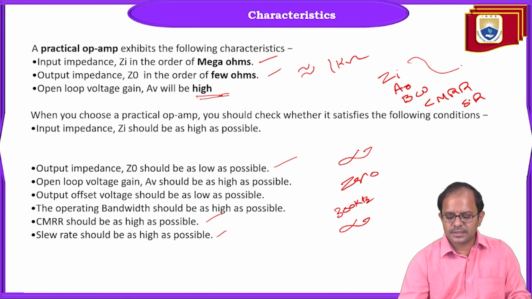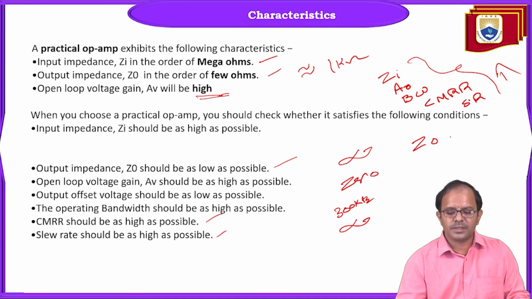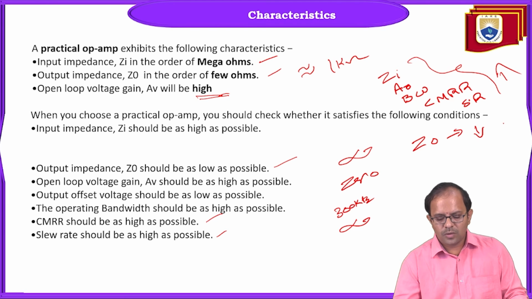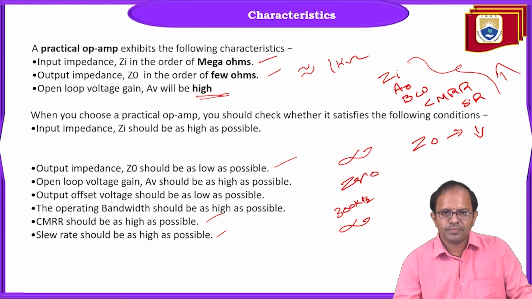Which one should be low? That is Z0, the output impedance, which should be as low as possible. Clear? Hope you understand these two types, ideal and practical operational amplifiers.